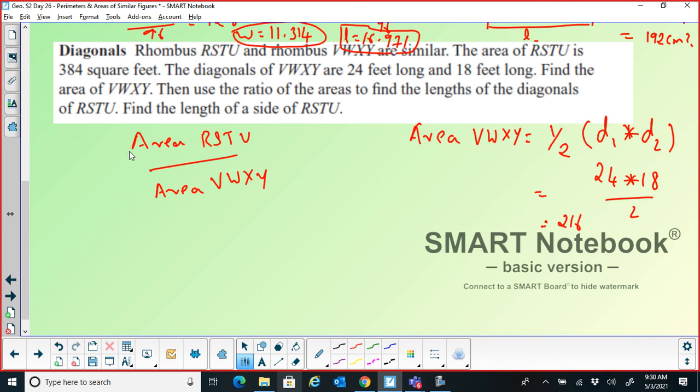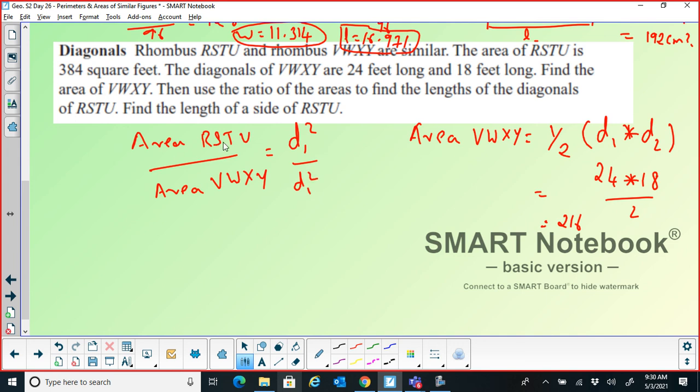In the same way as we had side squared, the areas of RSTU and VWXY will also satisfy this with the diagonals.